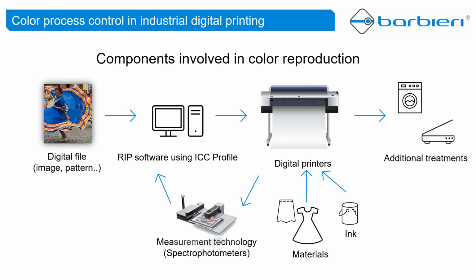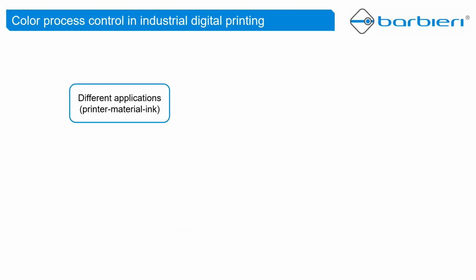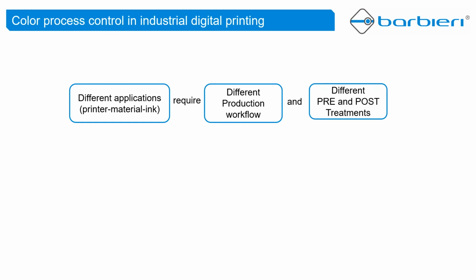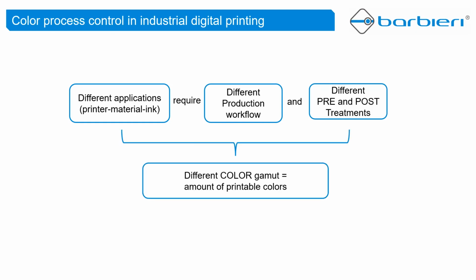And of course, also measurement technology, spectrophotometers, which speak to the software by measuring the output of the digital printers. To sum this up, different applications, printers, materials, and inks require different production workflows and different pre and post treatments. This leads to a different color gamut, or the amount of printable colors.